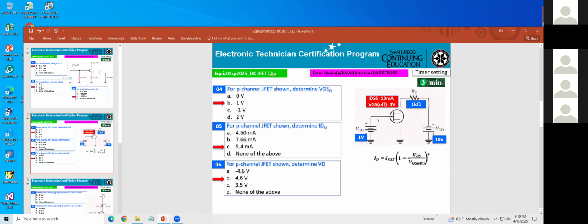That will be telling you VGS will be positive, right? 1 minus 1 divided by 4, squared, times IDSS. That's why you get 4.6. The thing is VGS positive, not negative.